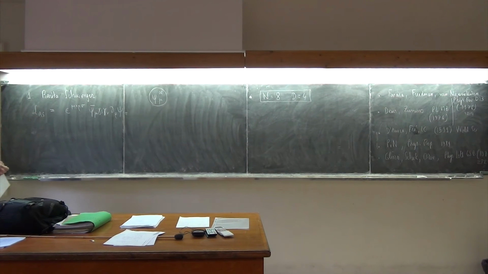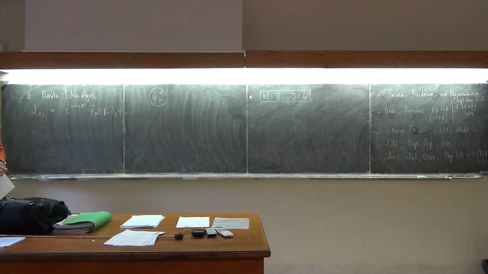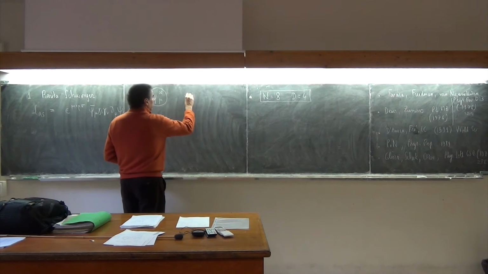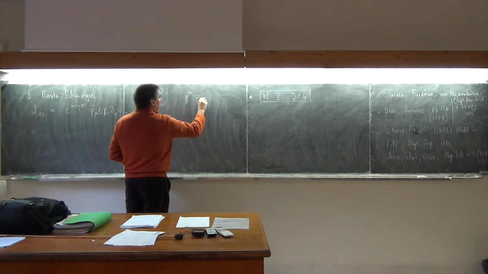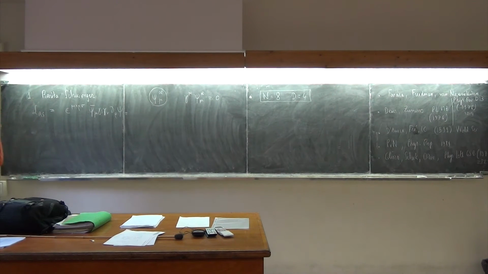And when you add spins, you have a spin 3/2 part, but you have also a spin 1/2 part that you may eliminate by an appropriate gauge choice, and this gauge choice will be gamma mu psi_mu equals 0. If the gravitino obeys this condition, then this will select the pure spin 3/2 part.